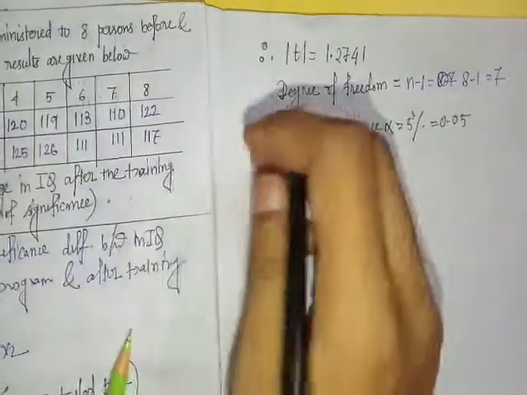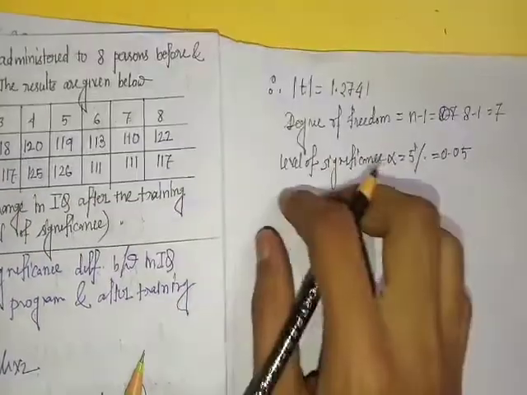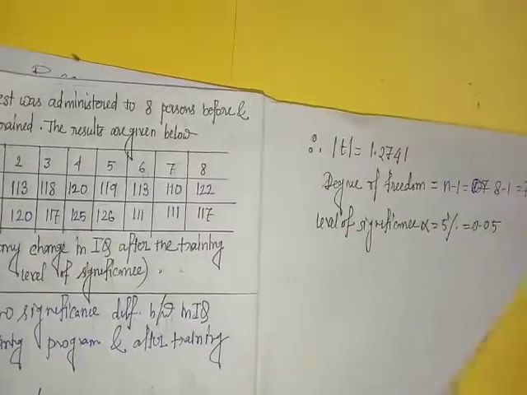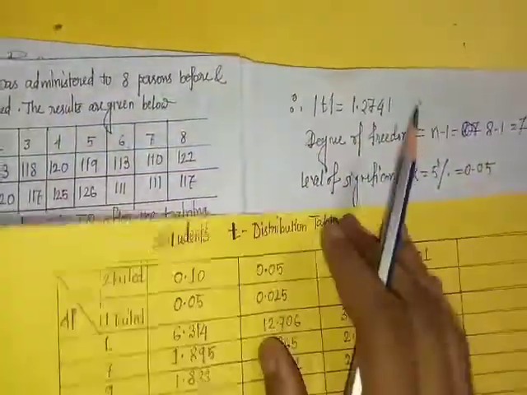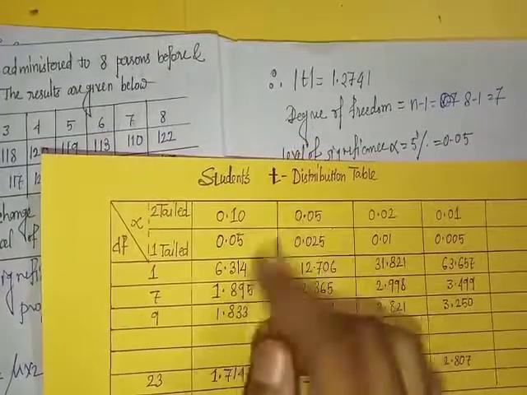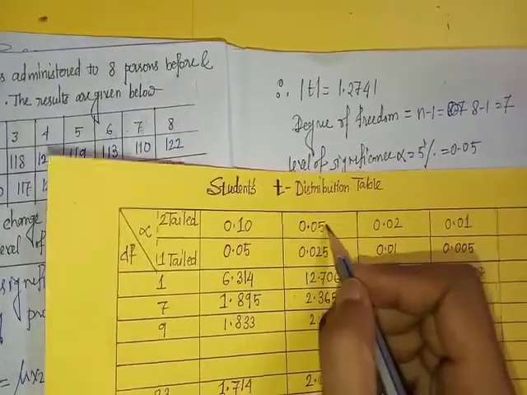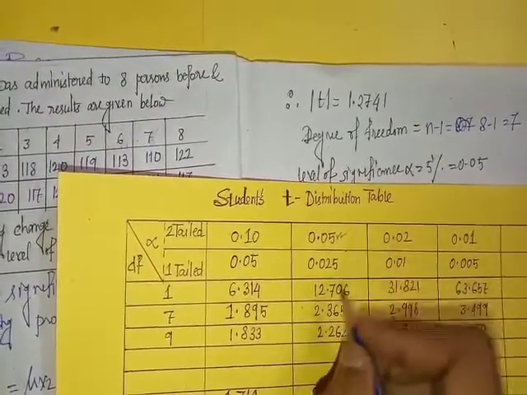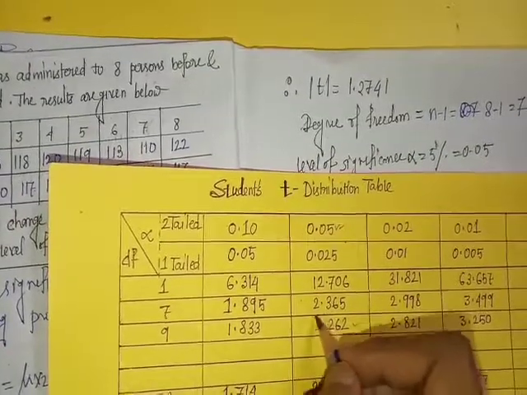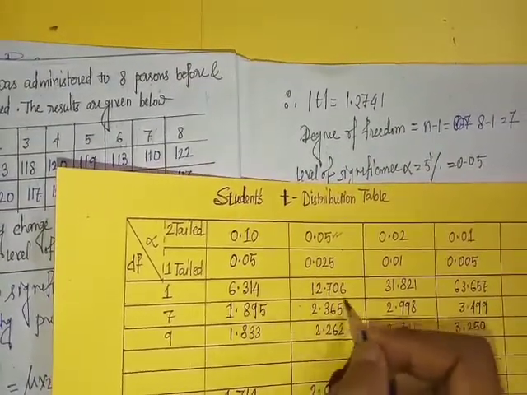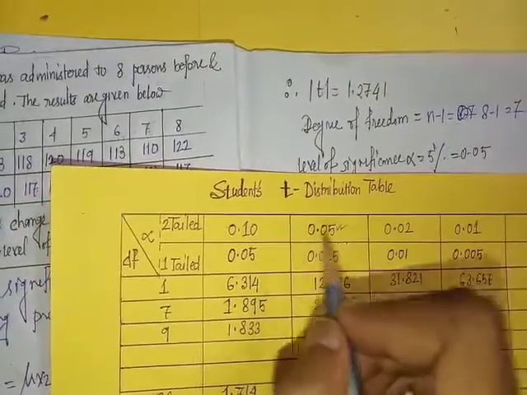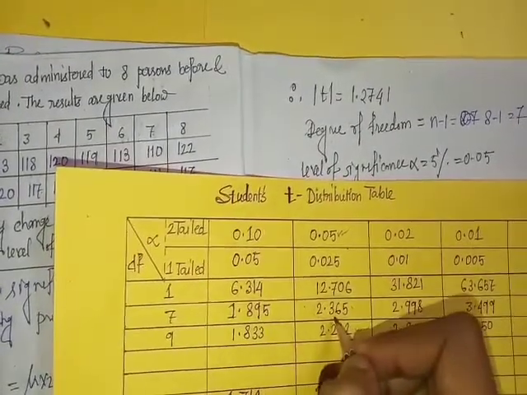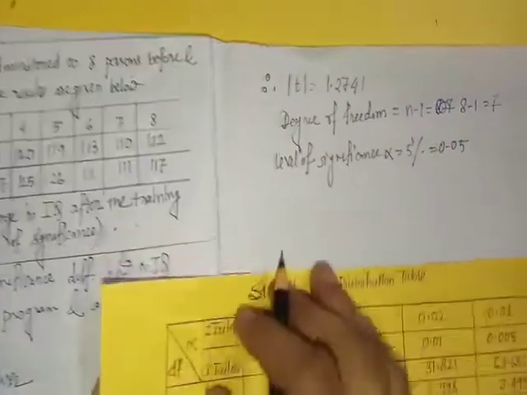So the tabulated value of t at 5% level of significance with 7 degrees of freedom for two-tailed test is 2.365.